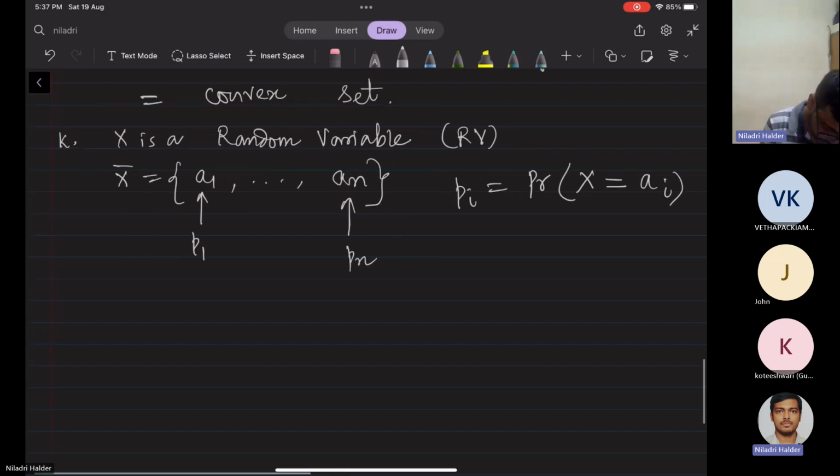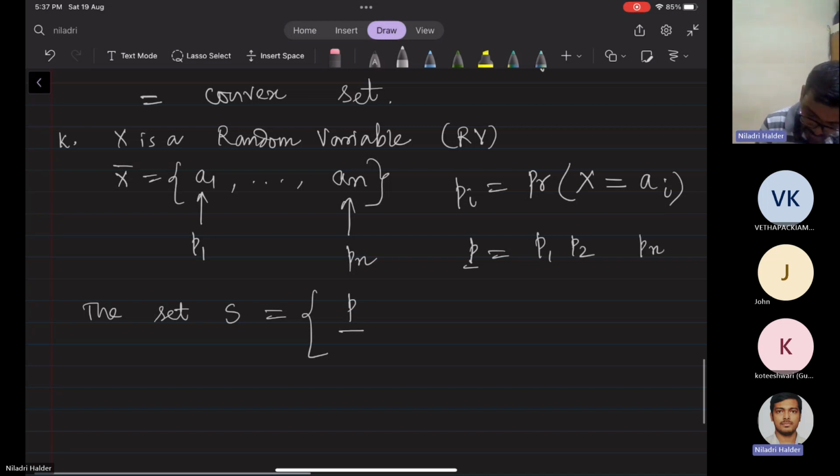Then the set is one which takes all the p vectors, where the p vector is equal to p1, p2, up to pn, transpose.